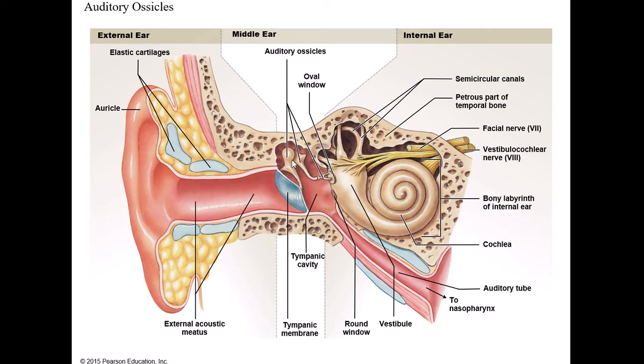So the three bones, I just want you to know their names right now, are the malleus, the middle one is the incus, and the third one is the stapes. And some people say stapes. I pronounce it stapes. Right? So malleus, incus, stapes. And we'll look at them in more detail when we do the anatomy of the ear and the nervous system portion of this course.